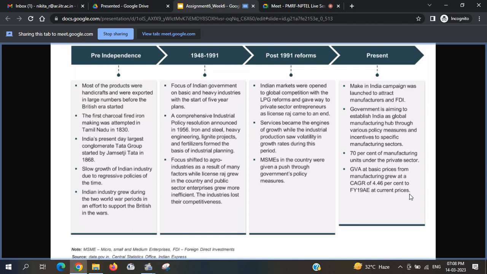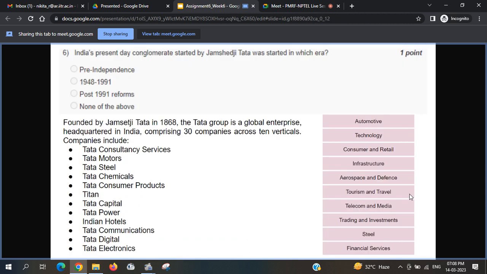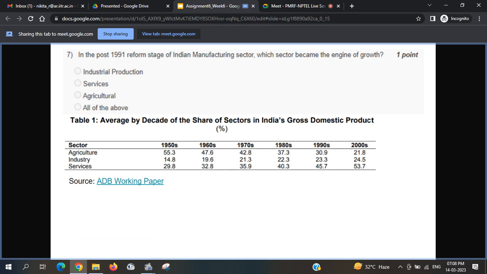So this is the present scenario. I think it is clear to you now, the answer to this question about the founding of the Tata conglomerate: the Tata Group was founded in the pre-independence era, and that is the answer.